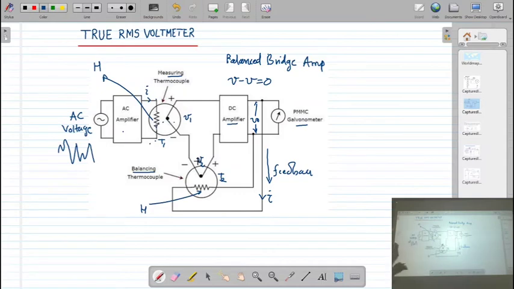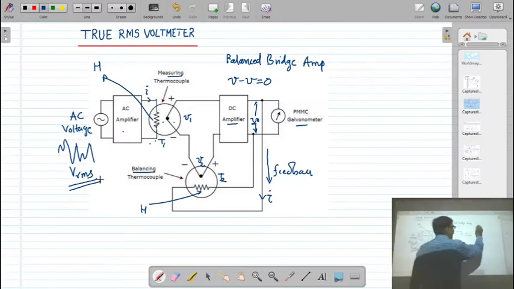Correct? So when V1 and V2 are the same, whatever output voltage you have across the output of the amplifier circuit will be proportional to the RMS voltage of your input signal.